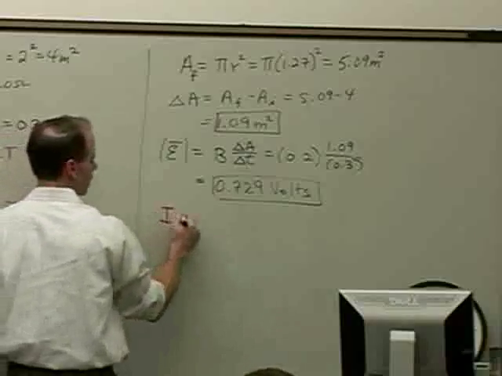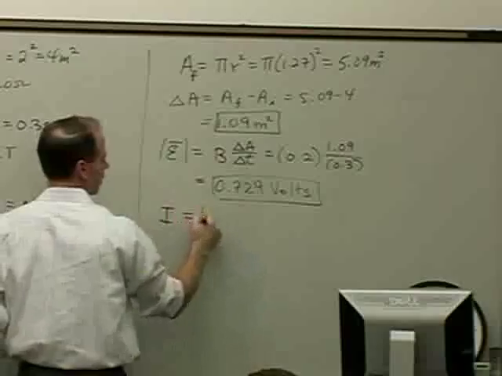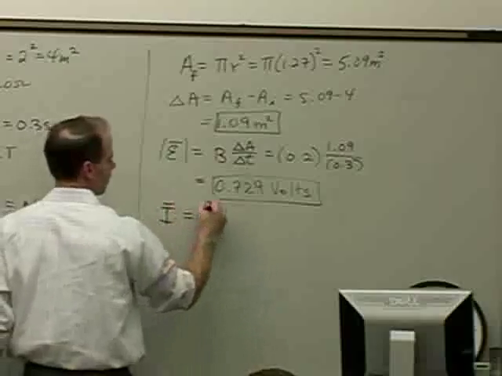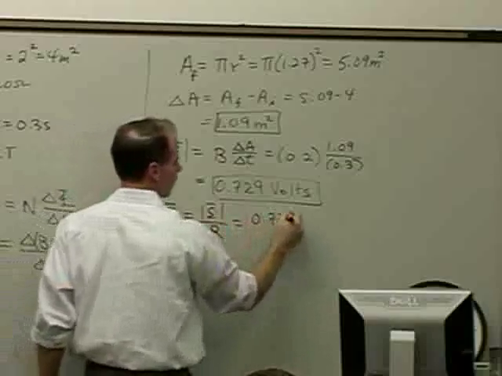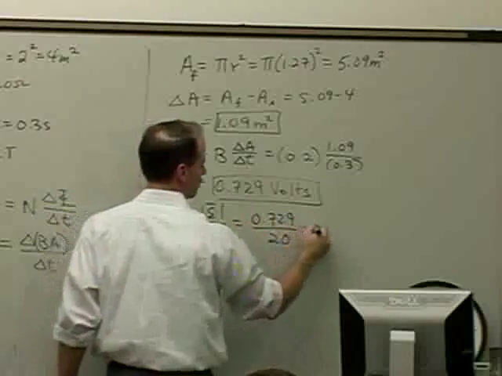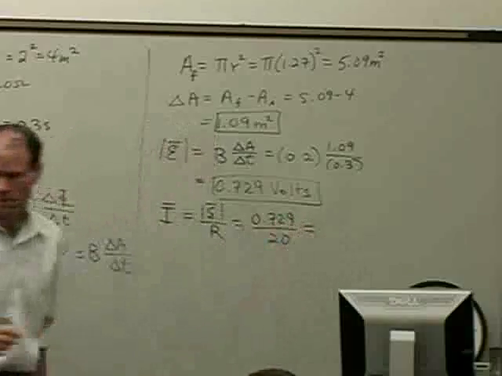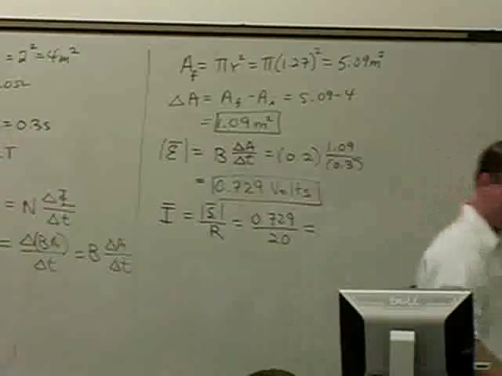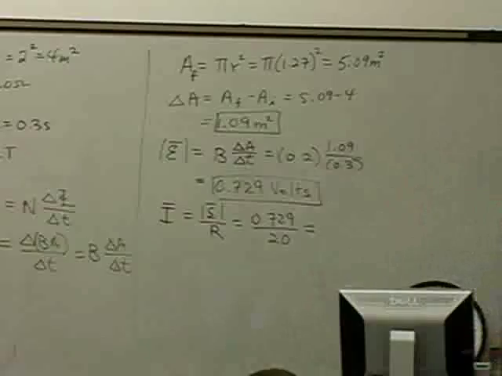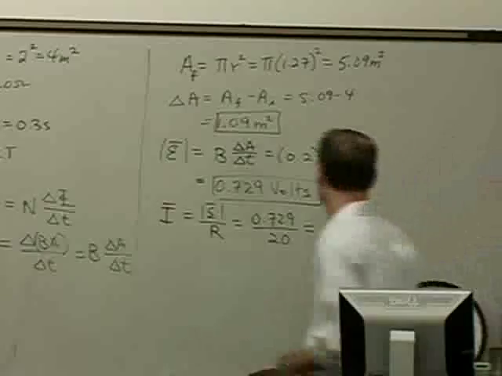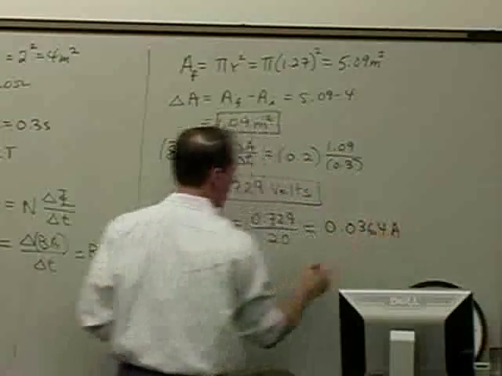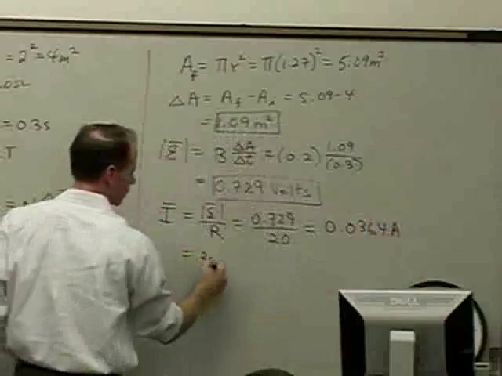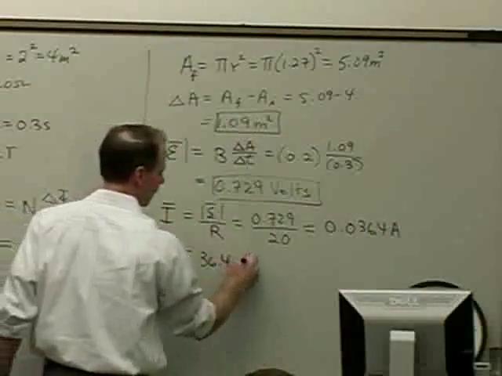So the average current induced is going to equal the induced voltage divided by the resistance. 0.729 volts divided by 20 ohms is 0.0364 amps. Or I guess that would be 36.4 milliamps.